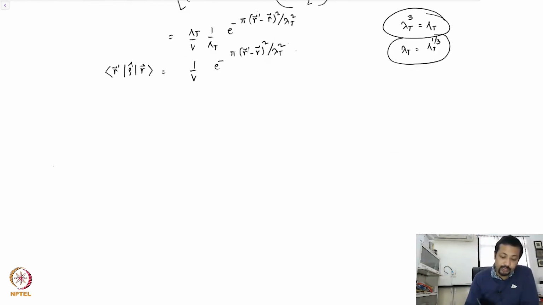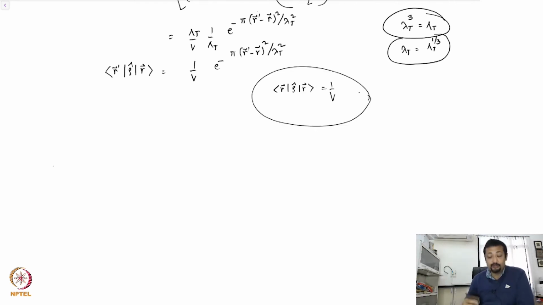Now, if you look at it carefully, then you see that the diagonal elements, which is r rho hat r, is equal to 1 by v. So one particle in a volume v, and this quantity is nothing but the classical density.